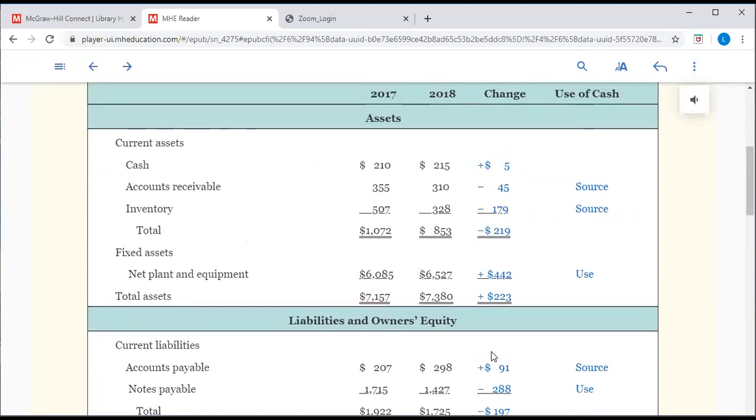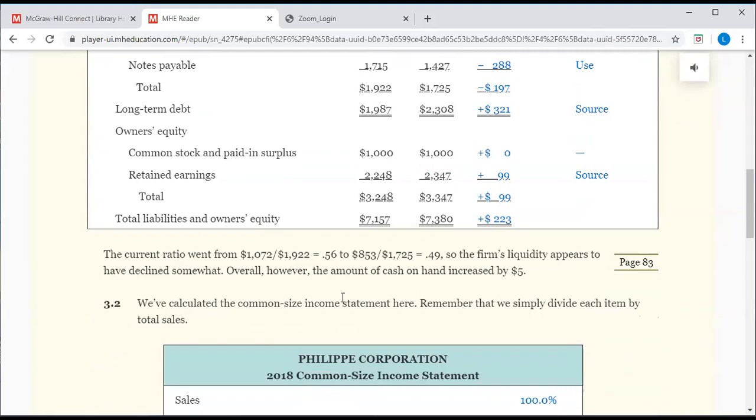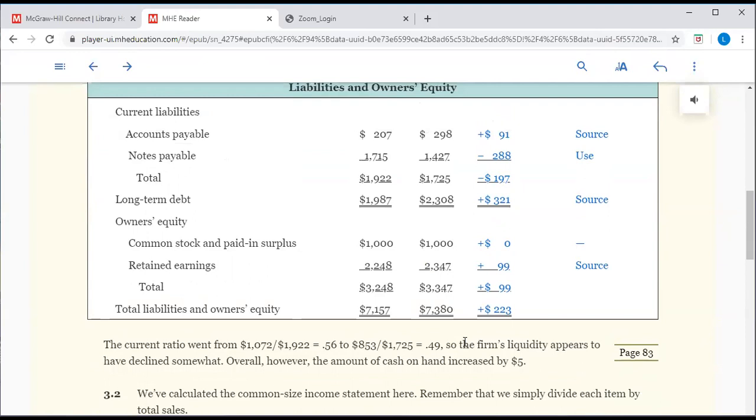Let's see what it was in 2018. 310 plus 328 divided by 1725. They have 36 cents. So the liquidity is actually doing better. They're able to pay off their liabilities better with very liquid assets as compared to 2017. So I don't agree with that. It didn't decline to me if you look at it from a very liquid calculation.